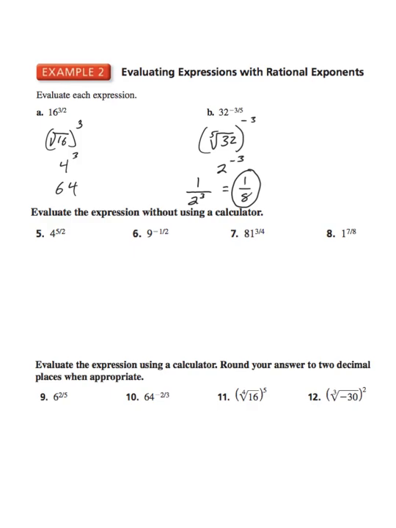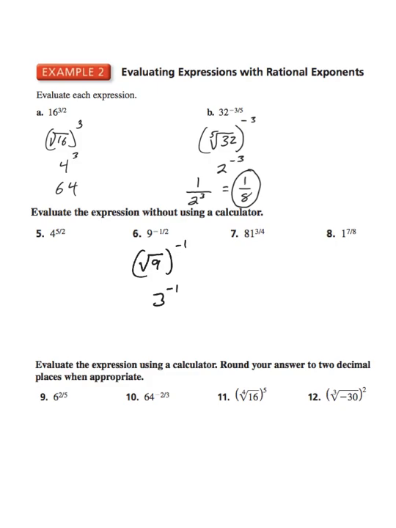Okay, so I'll do 6 with you and then I'll pause, all right? So let's rewrite this in radical form. It's going to be the square root of 9, right, to the negative 1. So do one step at a time. What does that give us? It gives us 3 to the negative 1. So think about that.